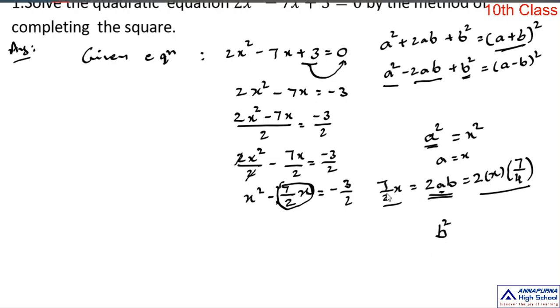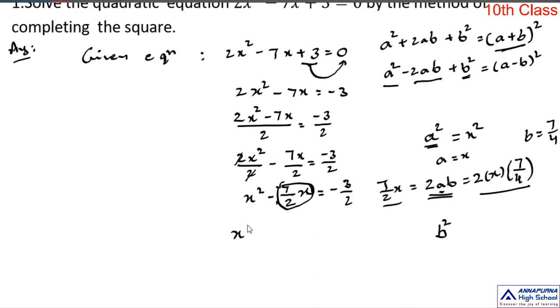So here the second term is 7 by 2 into x. We change this term as 2ab. So in this, what is the b value? It is equal to 7 by 4. Now add the square of this value on both sides of this equation. Yes, that is true now.